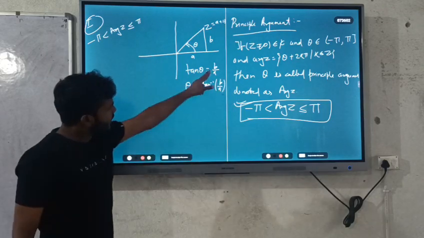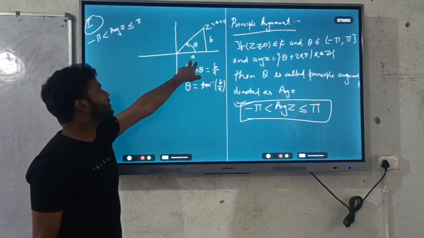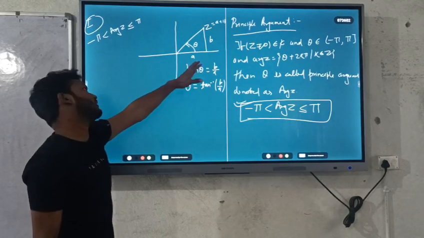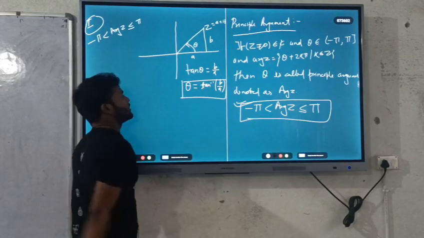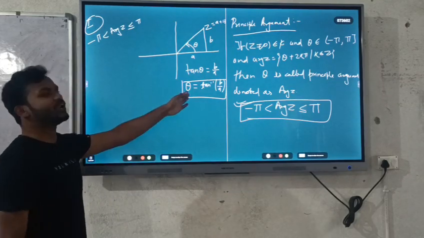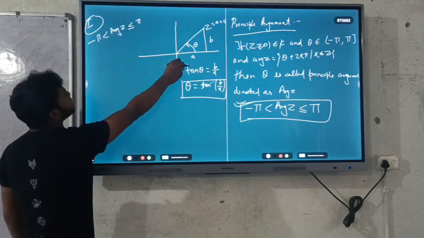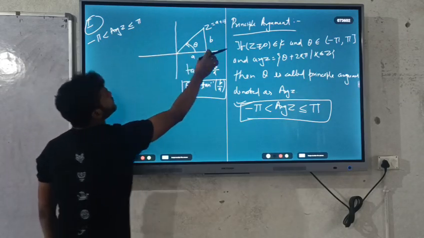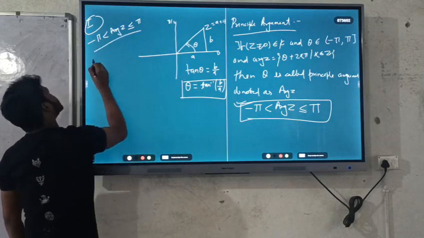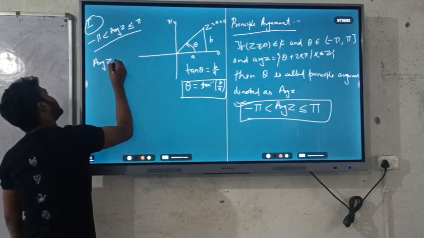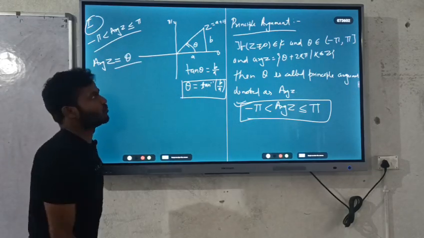Remember, here b and a represent lengths, so we don't consider a minus or negative sign when taking the length. So the value of theta we get is tan inverse b by a, and that is the value of argument. So in the first case, when z lies in the first quadrant, theta lies between 0 and pi by 2, so that lies in the interval. So the argument value of z is simply the value of theta we get by this formula.